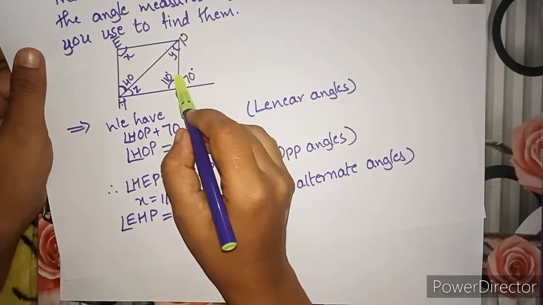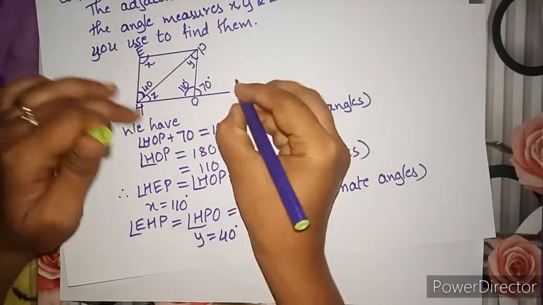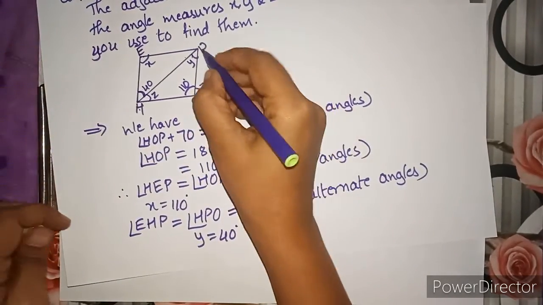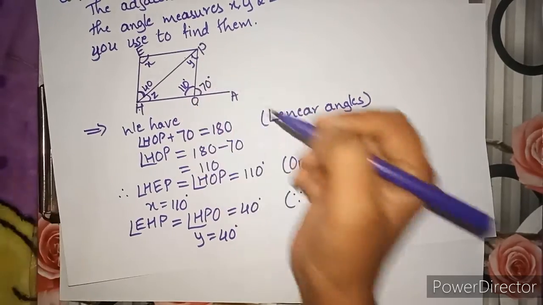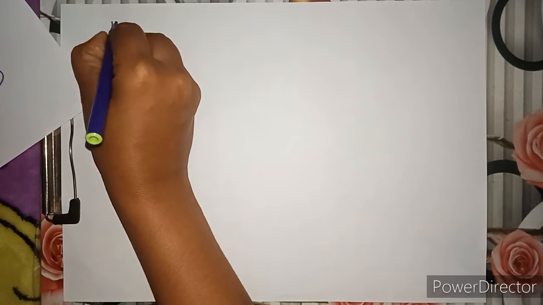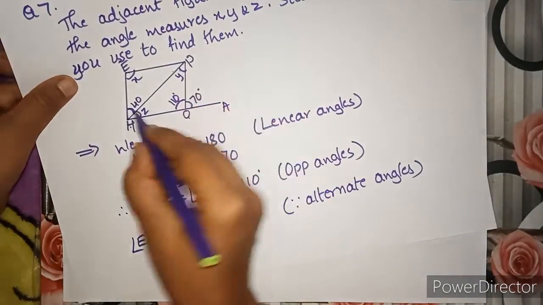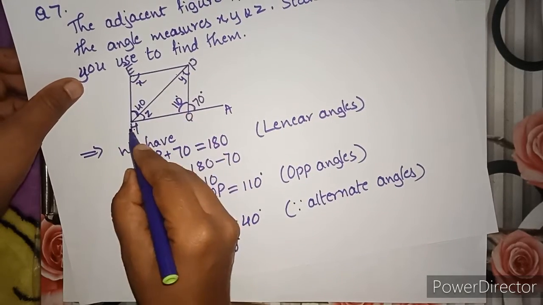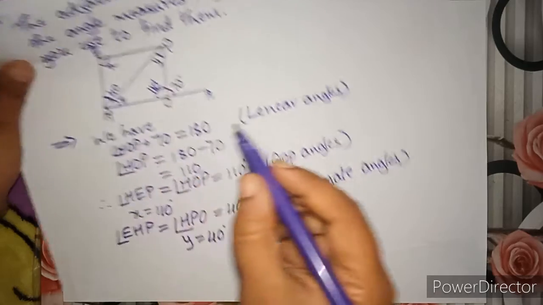Now this angle, PO, we call it A. Okay, angle POA is 70 degrees. So angle POA is equal to angle EHO, because of corresponding angles.